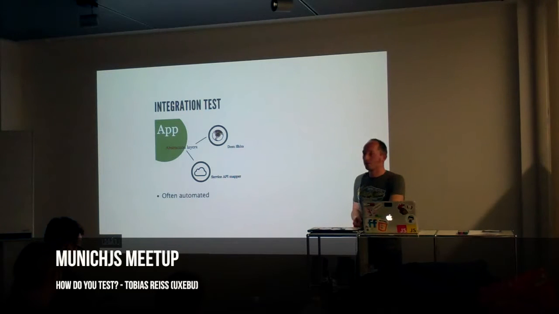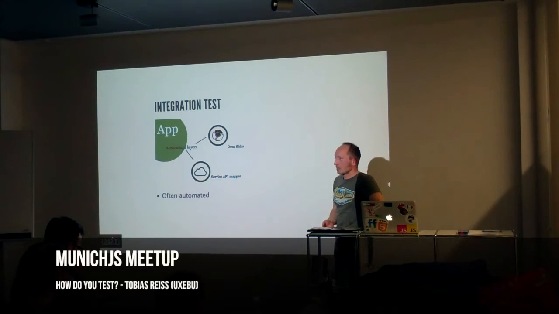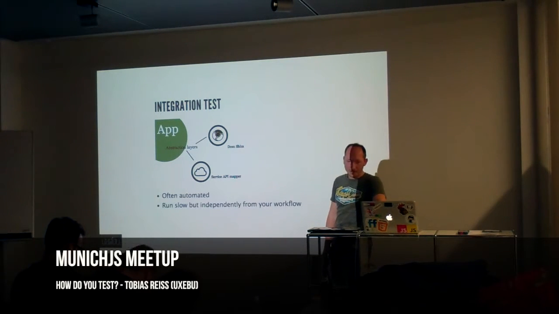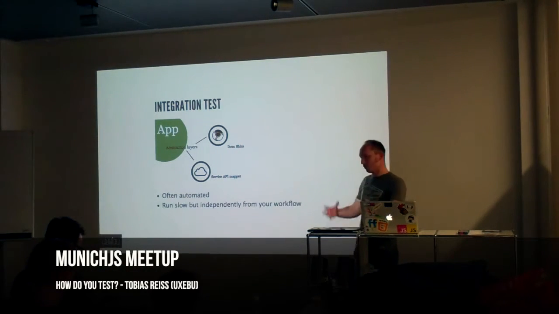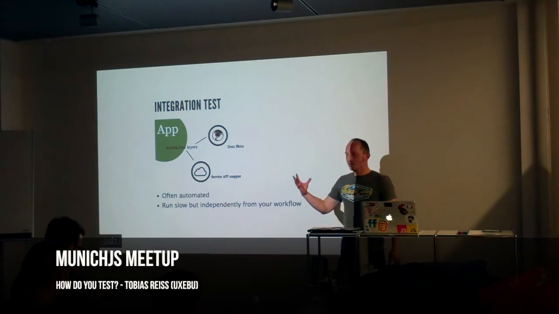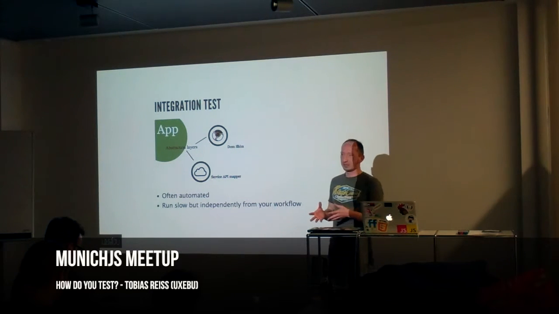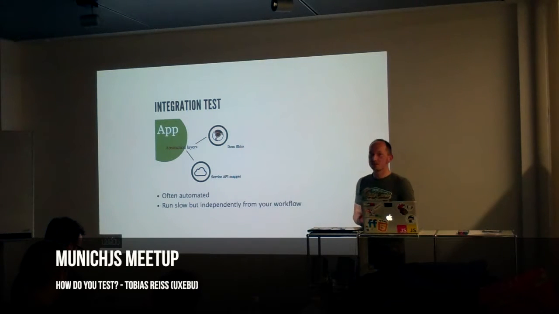Often means it would be very good if they are automated, but sometimes it's hard to automate every test, so you end up running those tests manually. It depends. They're slow, of course, because you need the real service, but those tests can run independently from your daily workflow, of course. That's the point of having those integration tests.